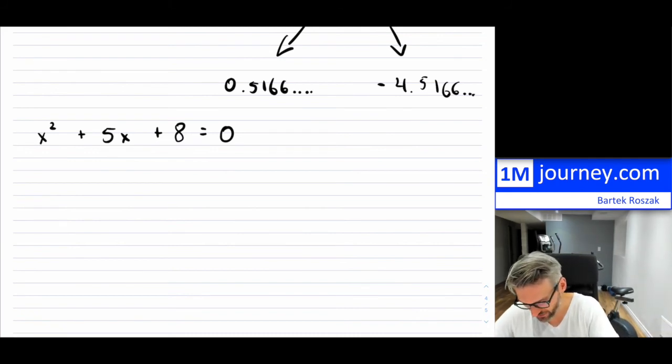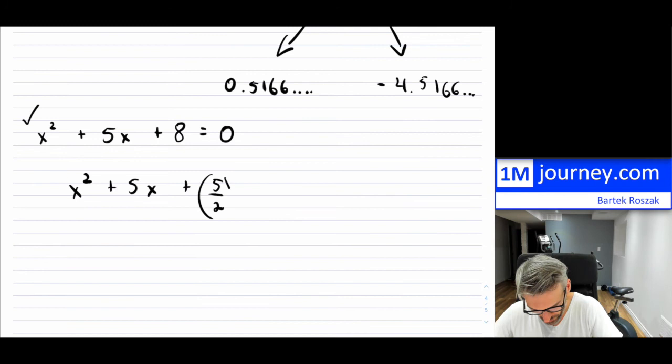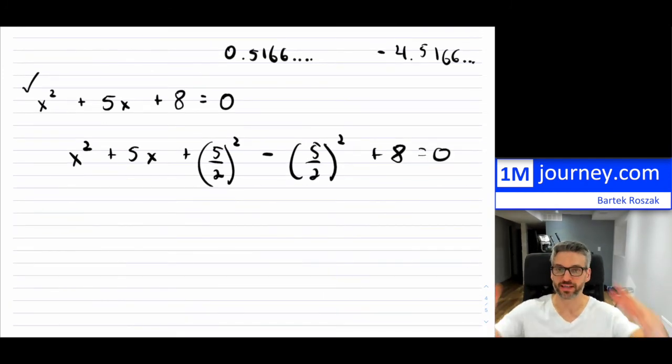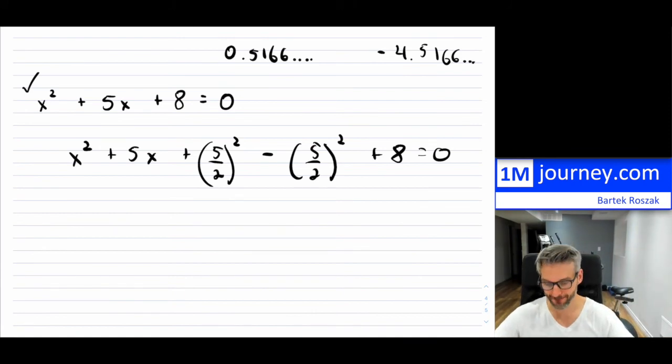So I'll complete the square as I normally would. Now I don't actually have an a in front here, so it makes my life easier. I'll have x squared plus 5x, and then divided by 2, so it's going to be plus 5 over 2 squared, minus 5 over 2 squared, plus the 8. I don't need any brackets because I don't have an a.